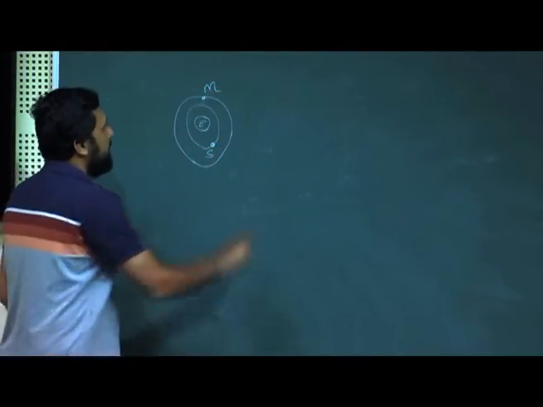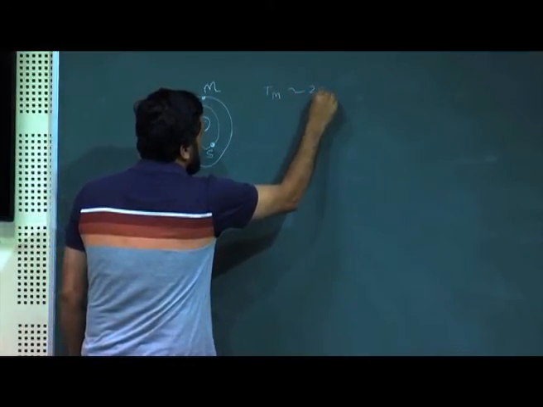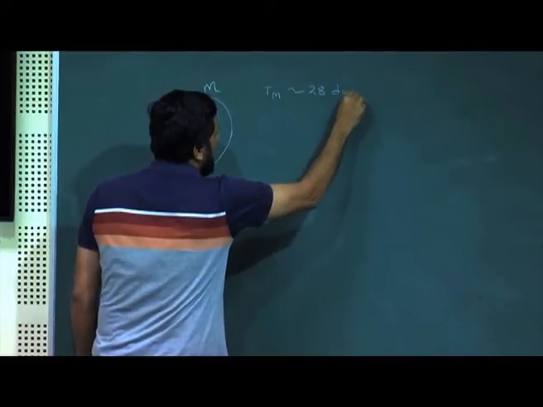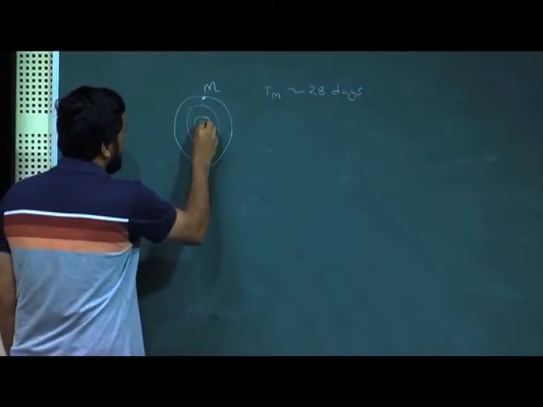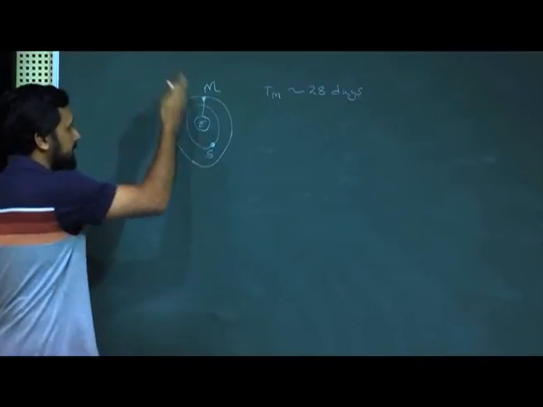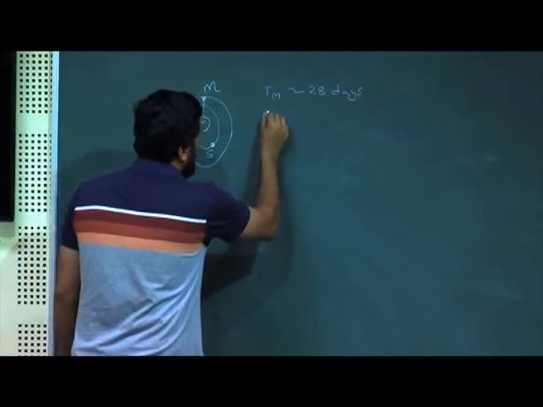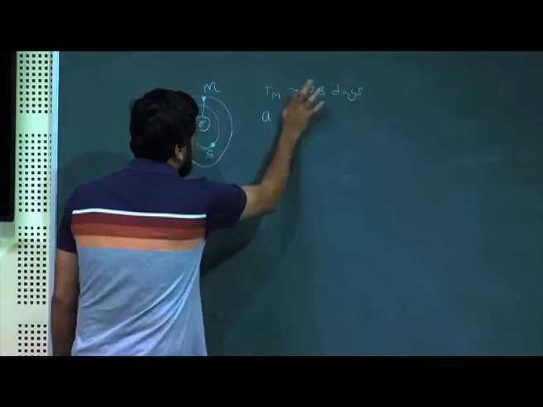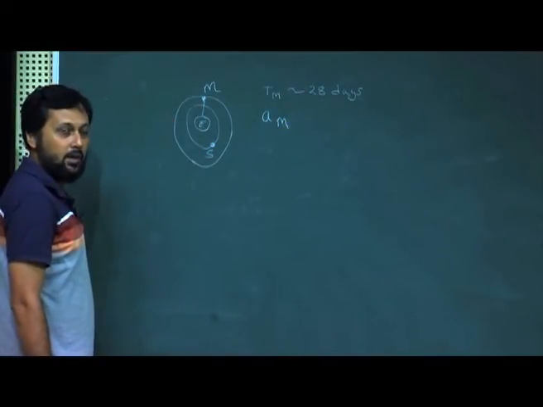We know that the time period of the Moon is roughly 28 days, and the Earth to Moon distance, we know the height, we know the distance. So, in principle, we know the semi-major axis for the Moon's orbit.